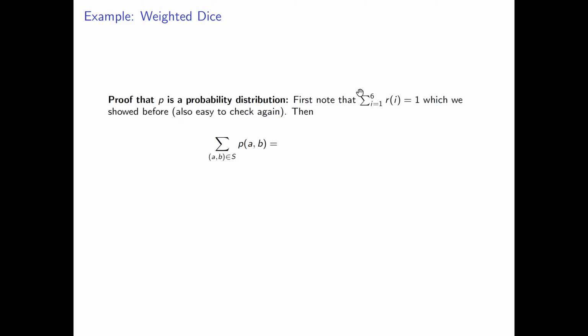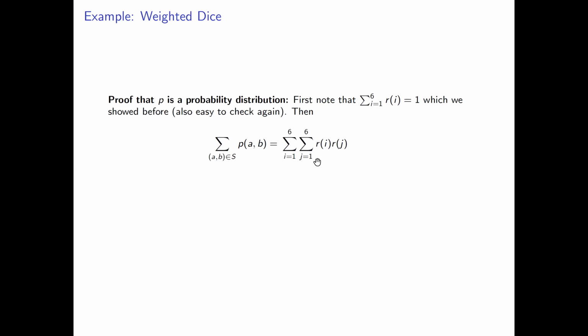We're going to use the fact that if I sum up the values of R from 1 through 6, this is equal to 1, which we already checked in the last notes, but it's also relatively easy to check now if you want. So what is this sum involving all the terms with P?